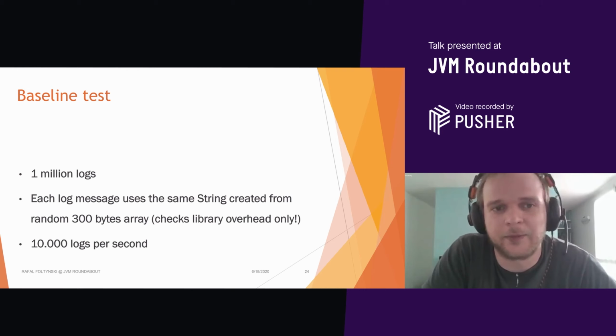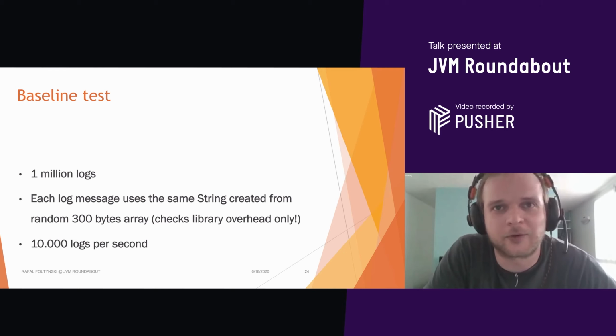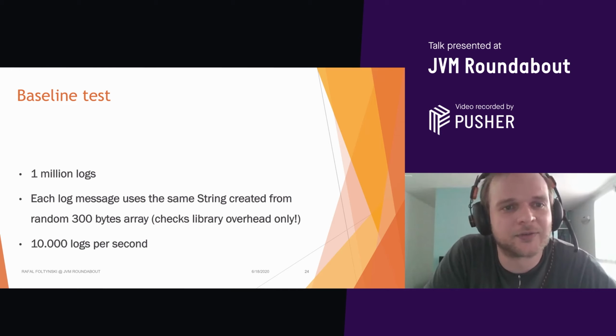This string will be created from a 300 byte array, and this way we're going to be able to measure what's the actual framework overhead, what's the actual library overhead, how much memory the JVM has to allocate using the underlying code to send these batches.